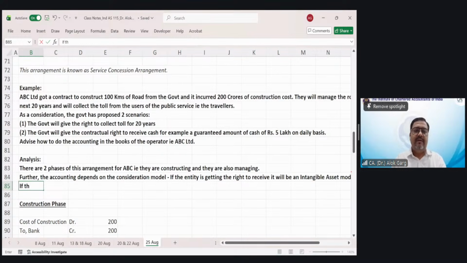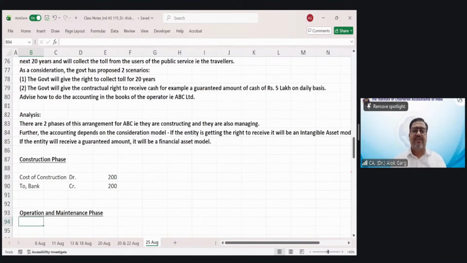If the entity will receive a guaranteed amount, it will be a financial asset model, okay.